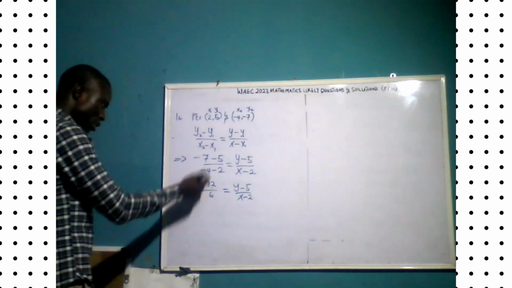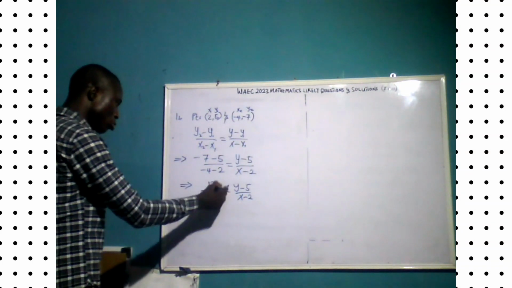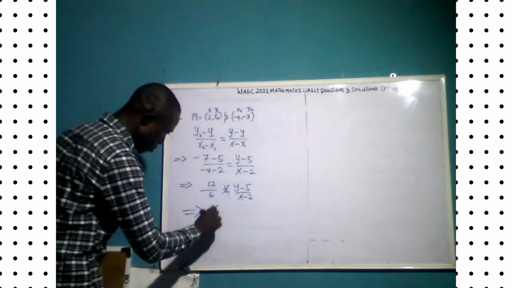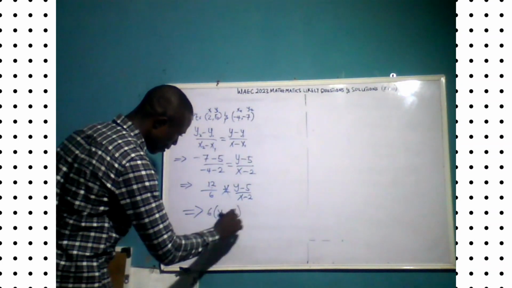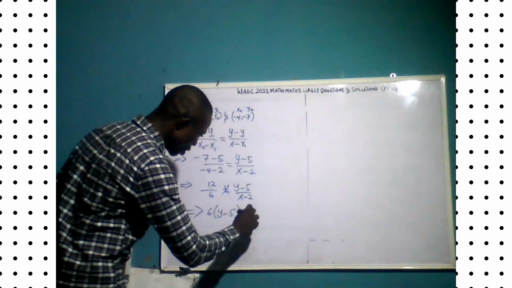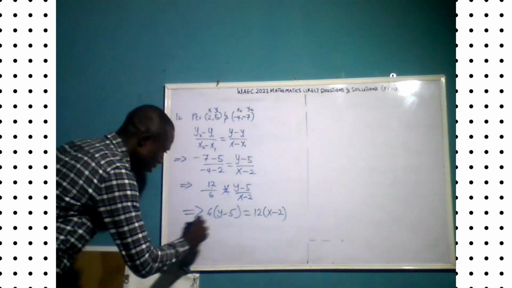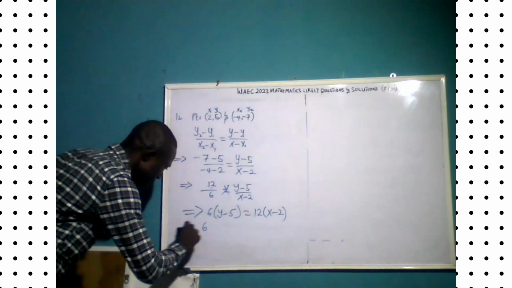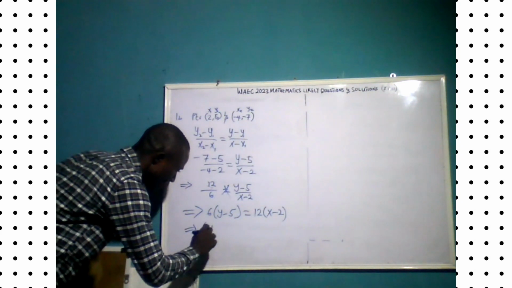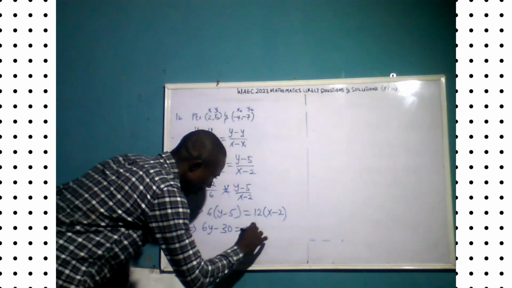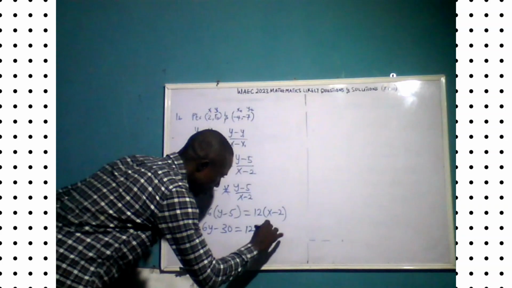You can straight away simplify this, but you can also do cross multiplication, so that you have 6 into bracket y minus 5 equals 12 into bracket x minus 2. Taking away the brackets, it implies that 6y minus 30 equals 12x minus 24.